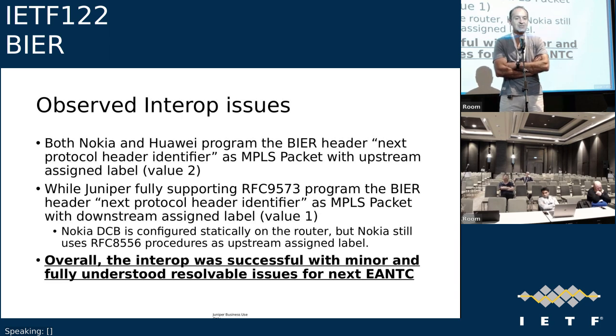I think that was the last problem before we could have fully interoperable next generation MVPN between Huawei, Juniper, Nokia, and even IETF. They were able to bring up MVPN fully with all the vendors. So it's really in good shape. We just have that little hiccup. And I think that's the end of my presentation.